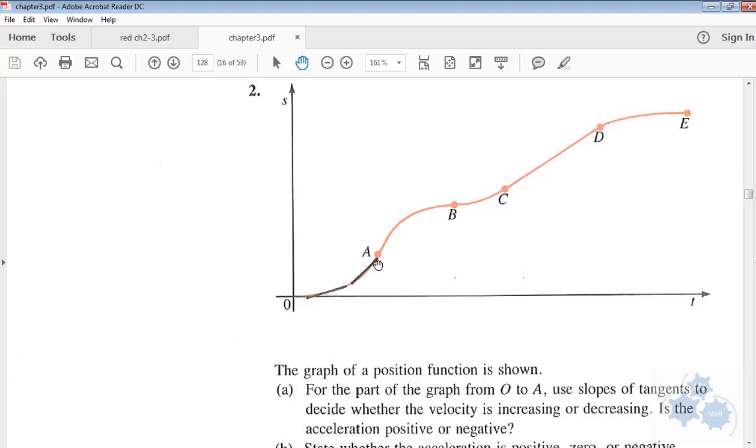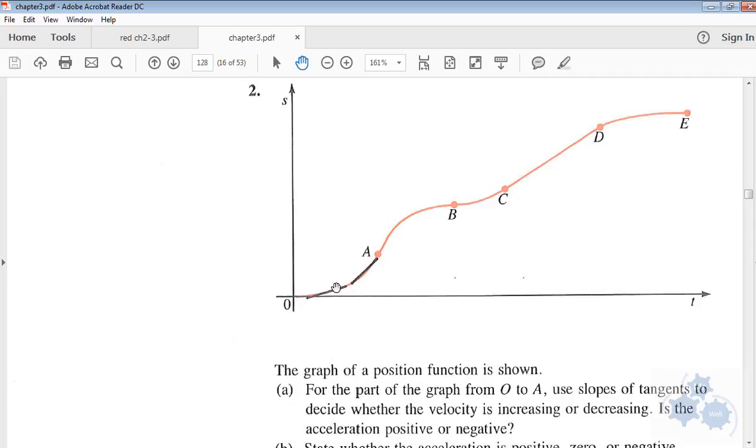What about this tangent line right here? If this is a tangent line, that also represents a velocity. Now, how are the velocities changing from 0 to A? That is, how are the slopes changing of these tangent lines? Are the slopes getting larger or are they getting smaller in this little area right here?